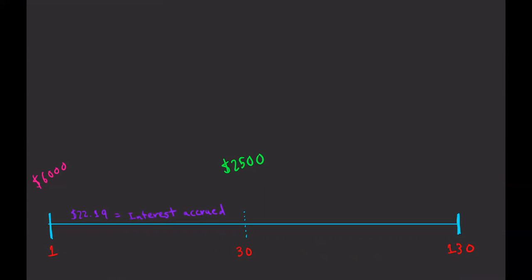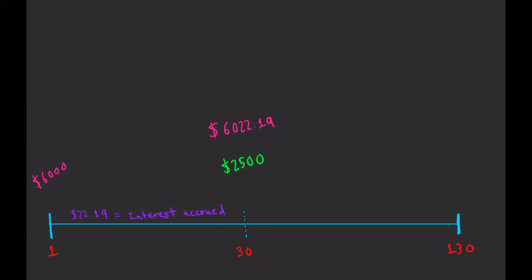And so now on this day 30, I owe $6,022.19. In that pink, I've got how much I owe on that day, right?